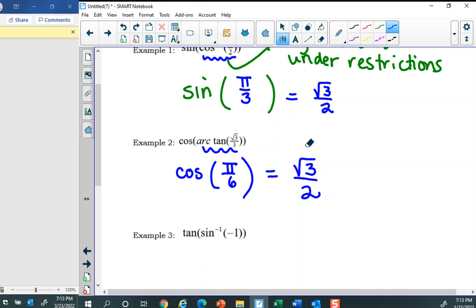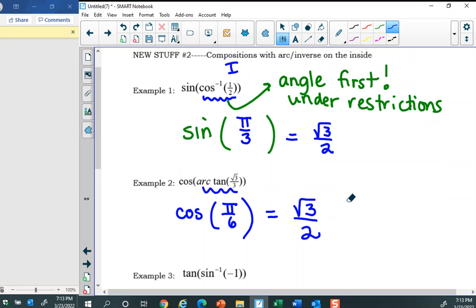There are only so many answers. If we're going to work with unit circles, there's only so many answers we can give for sine values, cosine values, tangent values. They all sort of fall in the same category: our sines are a half, square root of 2 over 2, square root of 3 over 2, zeros, ones, and negative ones.